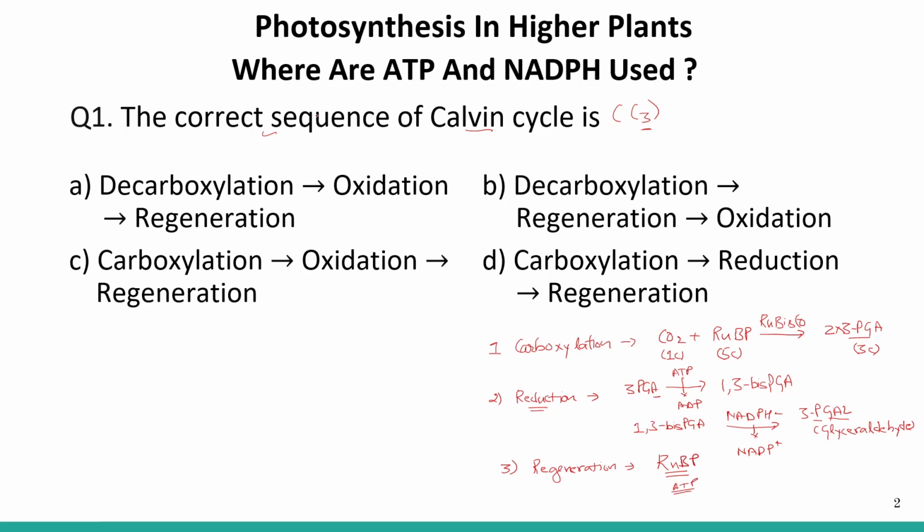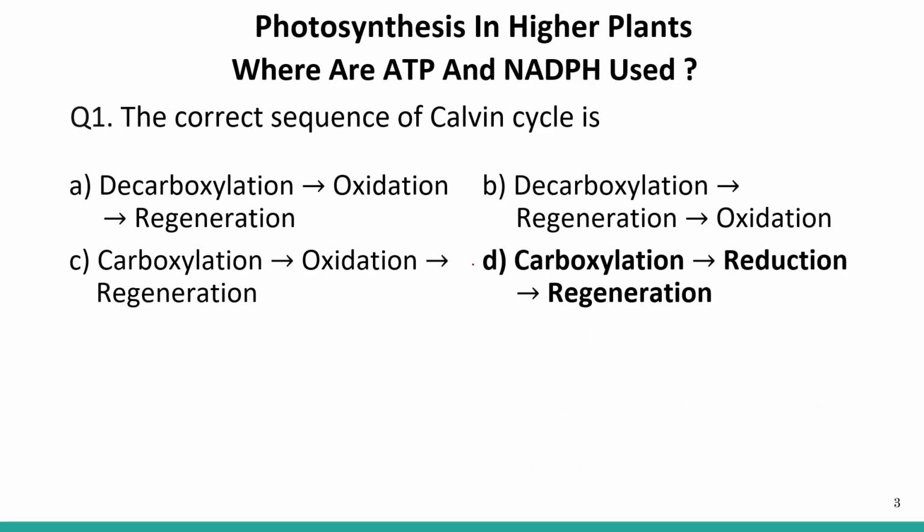So we have to determine the correct sequence of the Kelvin cycle. First option is decarboxylation, oxidation, regeneration. Not correct. Second is decarboxylation, regeneration, oxidation. Again, not correct. Then we have carboxylation, oxidation and regeneration, which is not correct. And the fourth option is carboxylation, reduction and then regeneration. So what should be the answer? Option D is the correct answer.